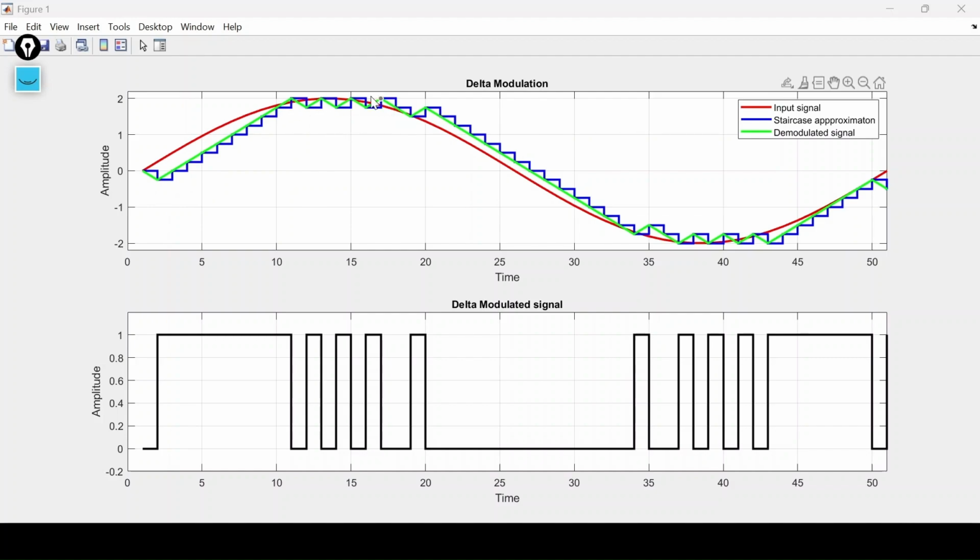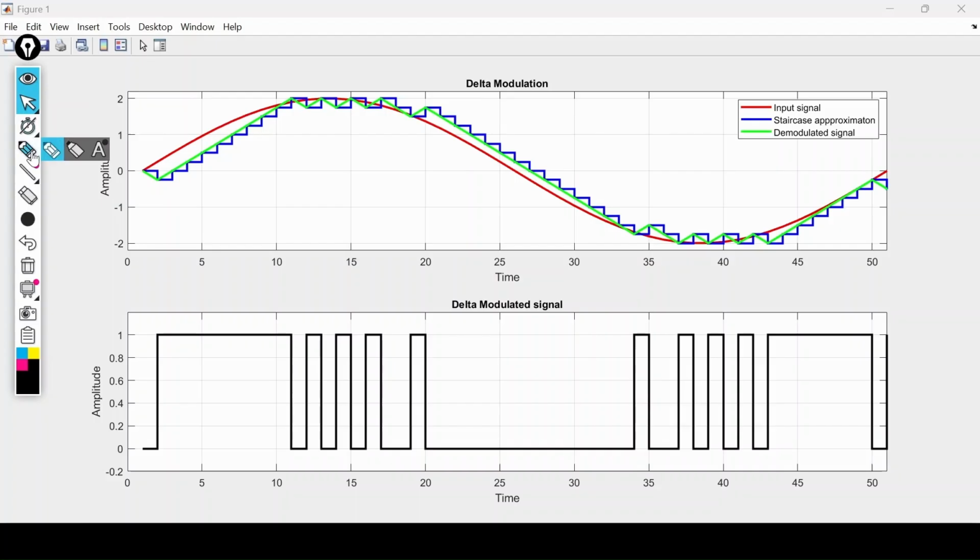You can see that some part is causing error. This part is causing error, it is not the same. And again, this part is causing error.